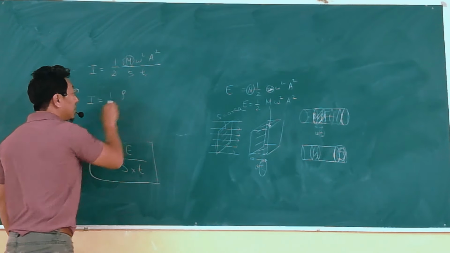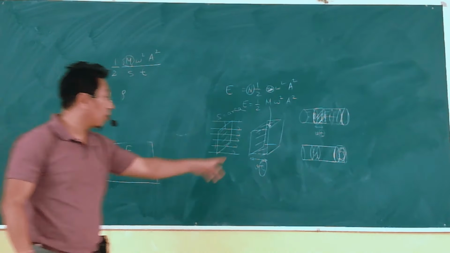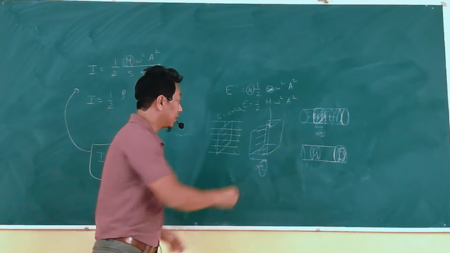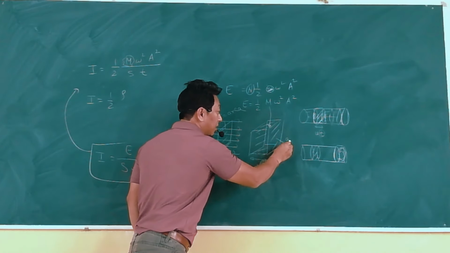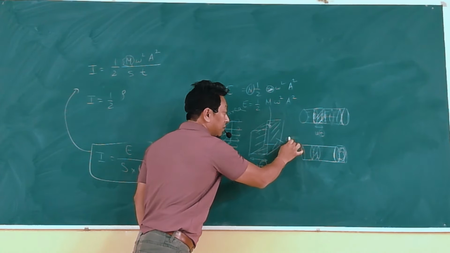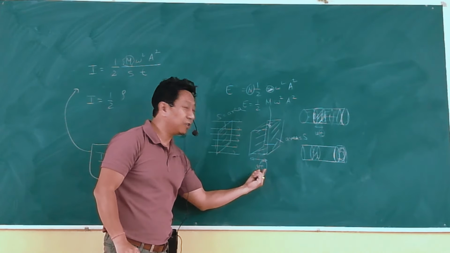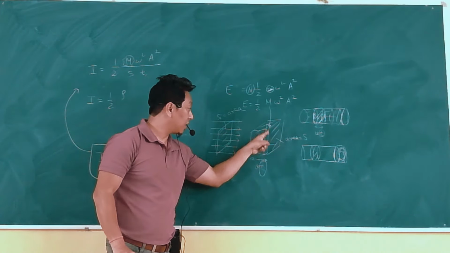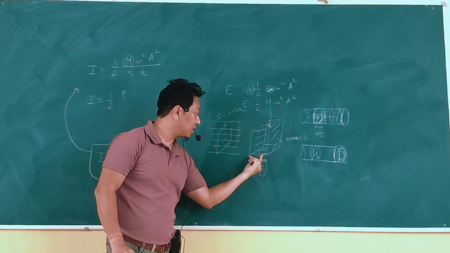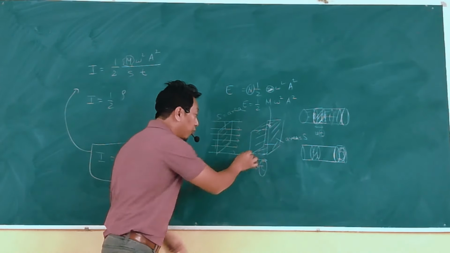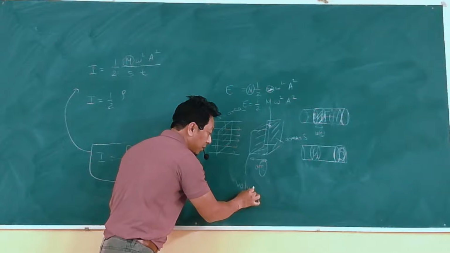So how to write it in terms of density? Mass is density into volume. What is the volume of this region? Remember, this area is S, and this distance is V into T. So what will be the volume of this part?